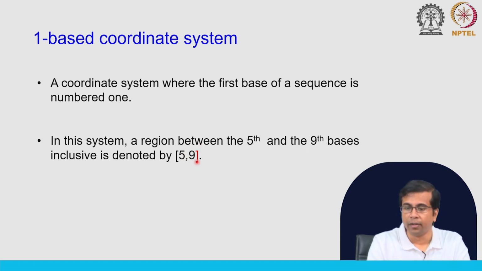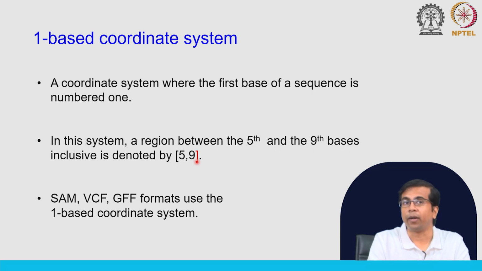The SAM file, VCF formats and GFF formats use this one based coordinate system. We will come to VCF format later on, and GFF format also when we talk about gene ontology. It is good to know that these files use a one based coordinate system, because when you are using these files, you need to keep that in mind.